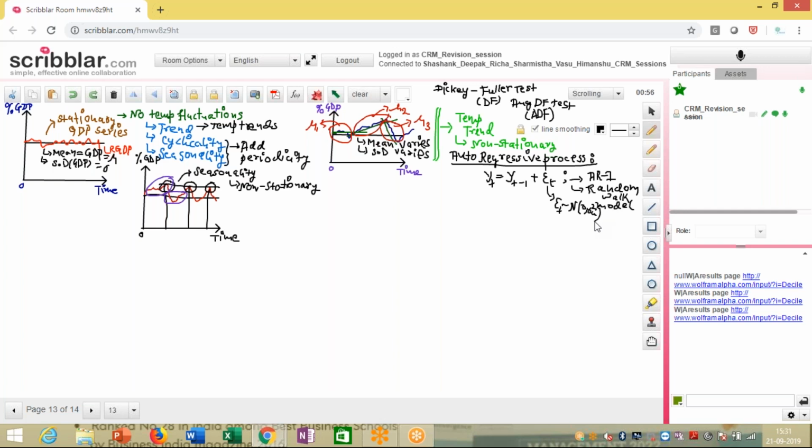Now comes the next question. Why is this called a drunkard's walk or a random walk? If you do a very simple iteration, let's say at t equal to 0, the initial point, y0. This has nothing to do with random forest, because random forest is not random at all, but this is a pure random process.